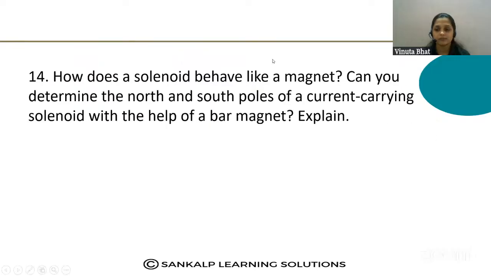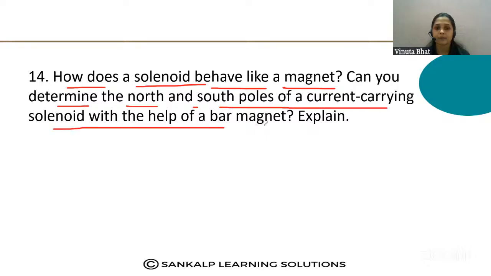Next question. How does a solenoid behave like a magnet? Determine the north pole of the solenoid with the help of a bar magnet. Explain how a solenoid behaves like a bar magnet. The first question.